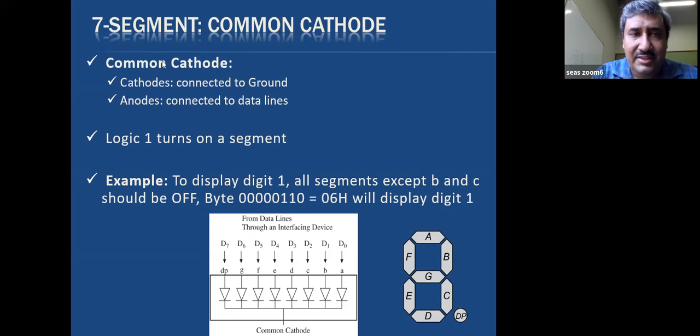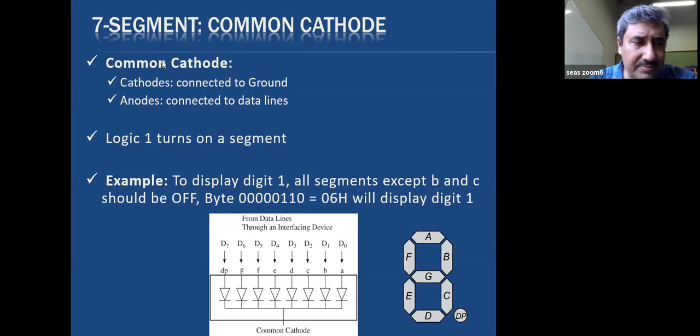All right, so now in this case, let us see. I want to display 5. Which segments do I want to turn on, first of all? Can you quickly type in the chat box?